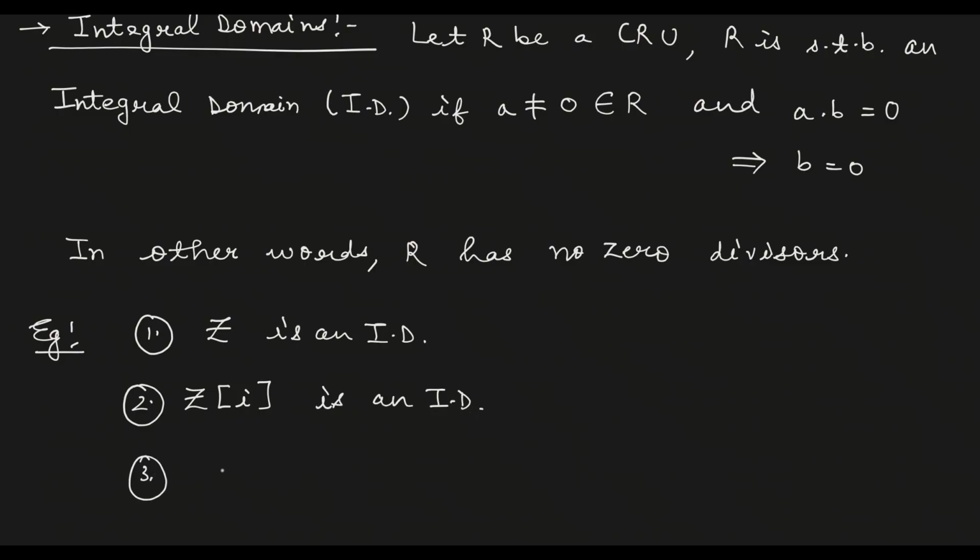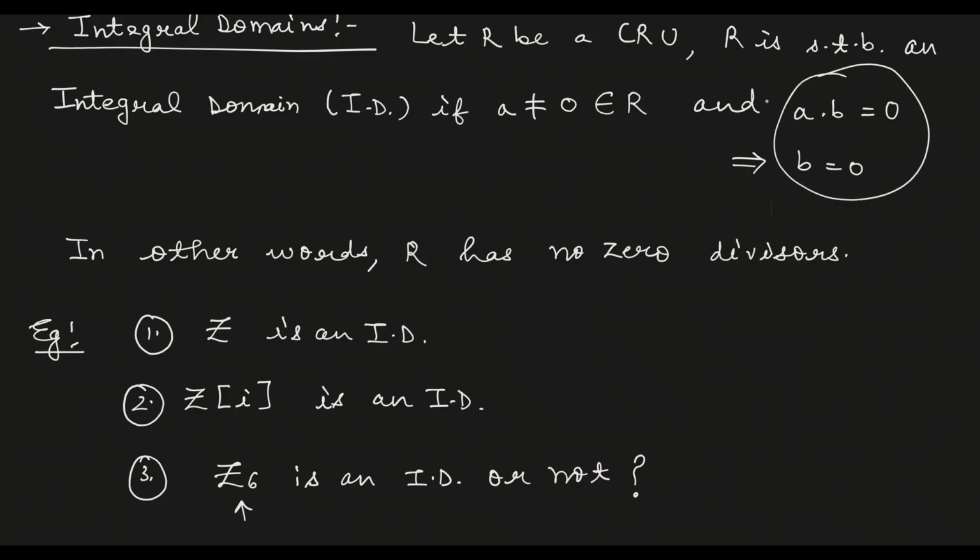Third, can you check and tell me whether Z6 is an integral domain or not? Simply you need to pick an element from this Z6 and check this condition, whether you are getting this or not.